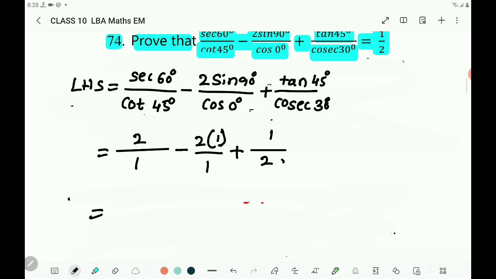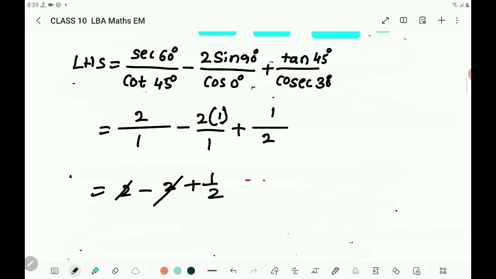Equals, here you take the LCM. LCM is 2, or otherwise in the first step 2 by 1 is 2, minus 2 into 1 by 1 is again 2, plus 1 by 2. The 2s cancel, which equals 1 by 2.